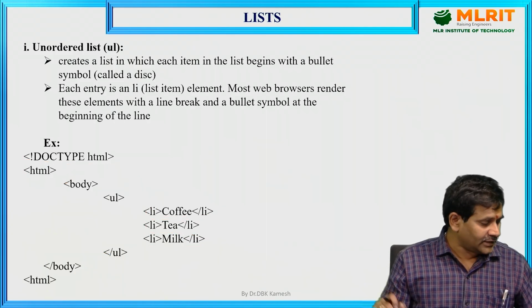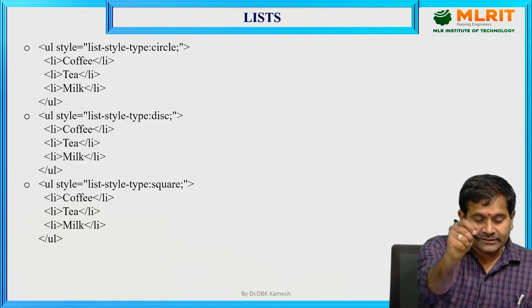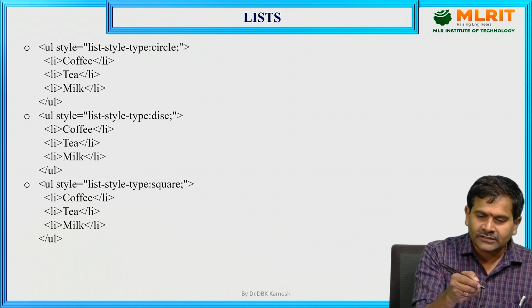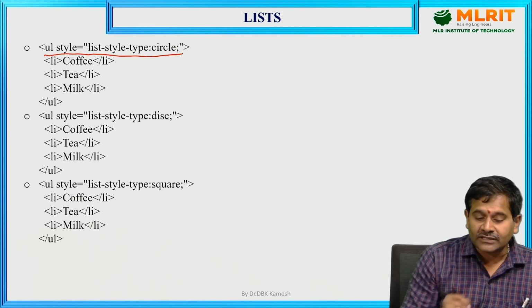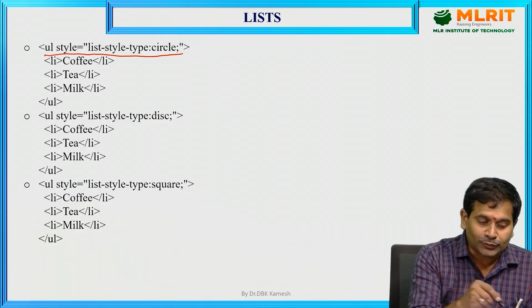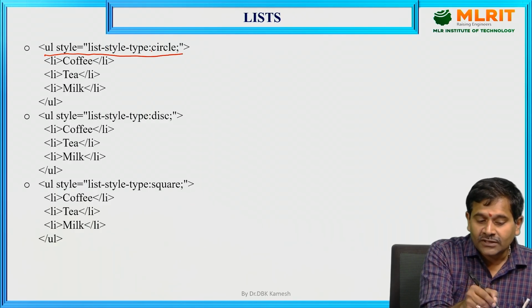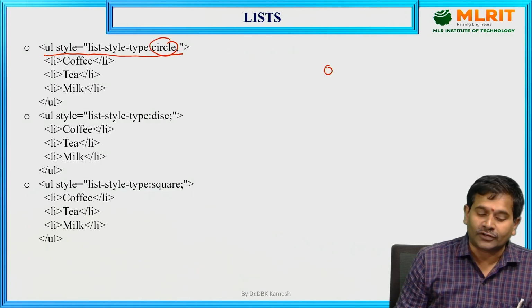Now, another one. There are varieties of symbols we can give, using the style. How do you give the style? UL style equals list-style-type colon circle, which gives a circle.